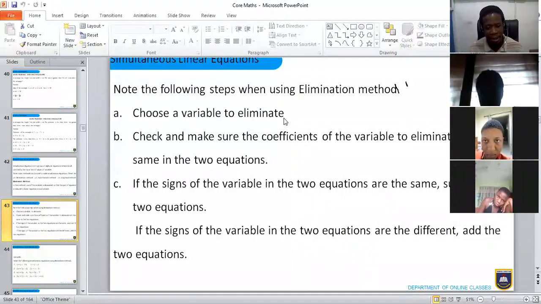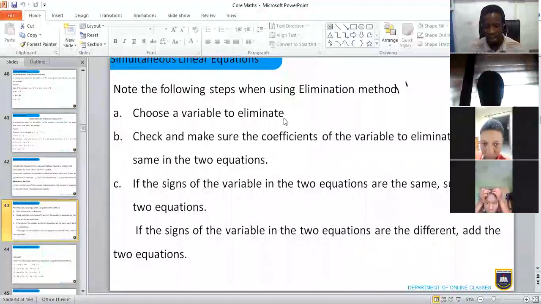Then the next step is, if the signs of the variables in the two equations are the same, subtract the two equations. So if the sign of x in equation 1 is negative, and in equation 2 is also negative, then we subtract. That is if you're eliminating x.